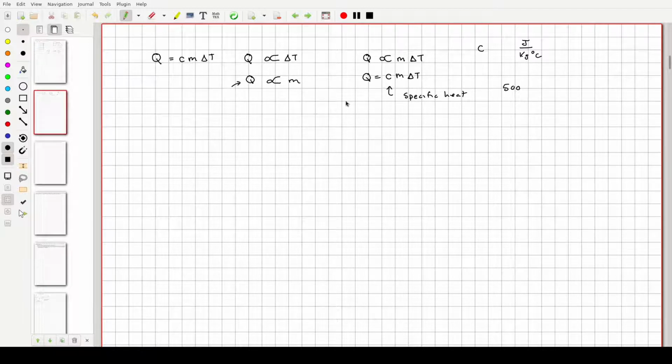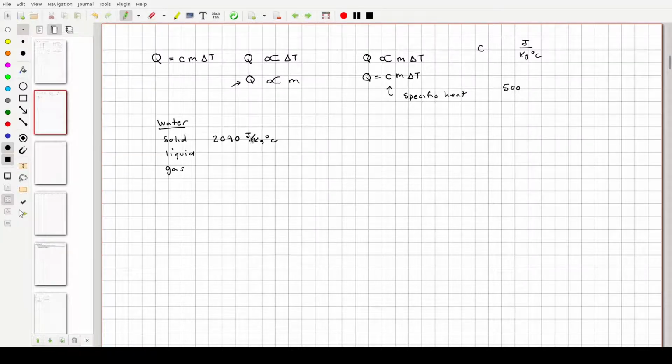Now, some examples of specific heats, and I'll use water and its 3 states of matter just as a starting point. You have solid water, which we call ice, liquid water, which we typically just call water, and then gaseous water, which is steam. Solid water has a specific heat of about 2,090 joules per kilogram degrees Celsius.